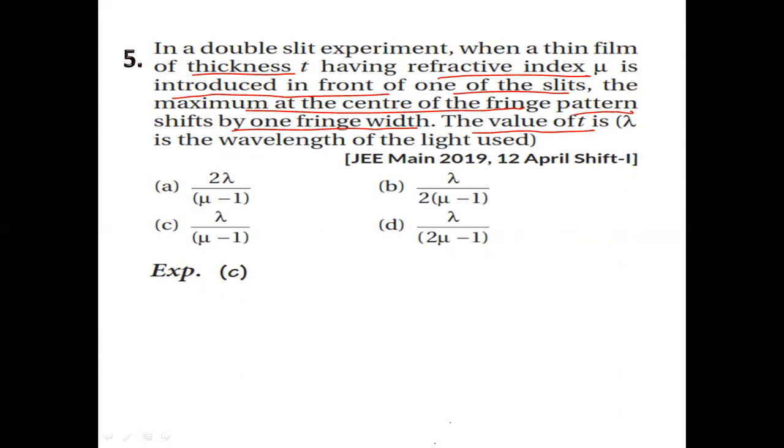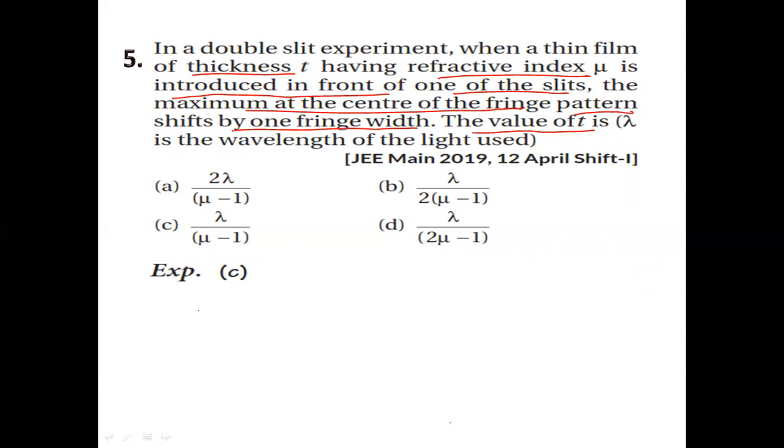I think it is similar to one of the questions we discussed now, I think the second question. Same, instead of n, we should write 1. Instead of there they gave n, here it is one. So lambda by mu minus 1. Delta equal to mu minus one into t.